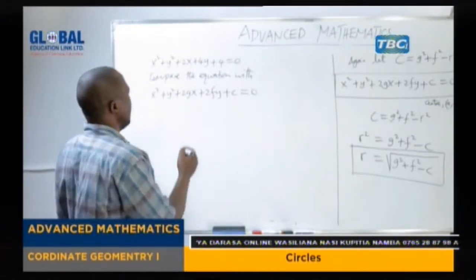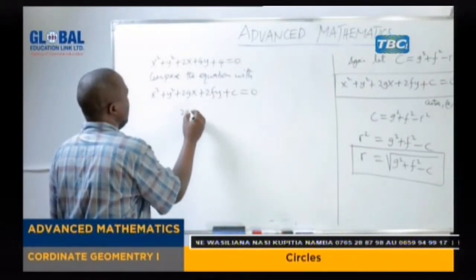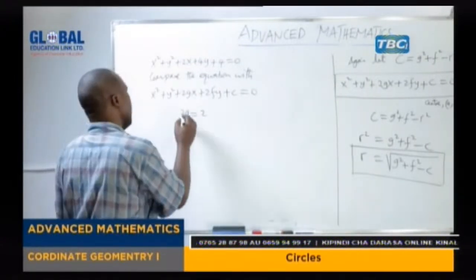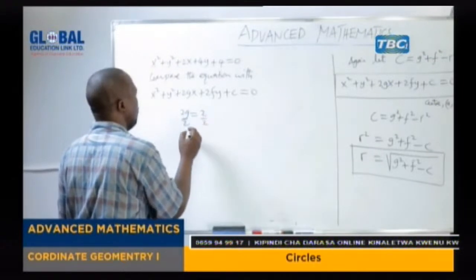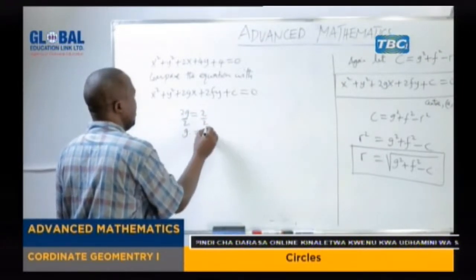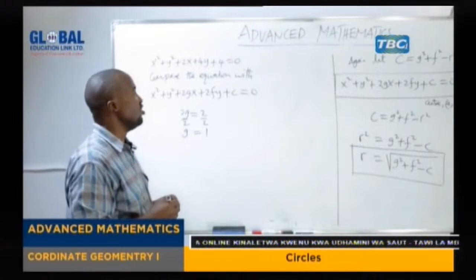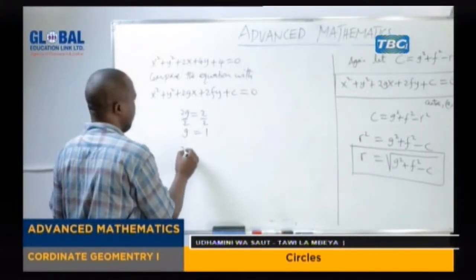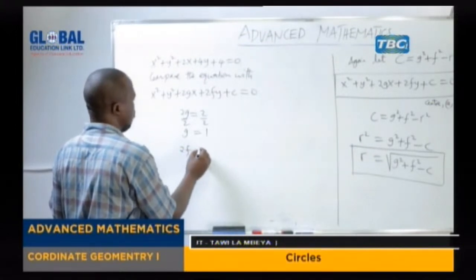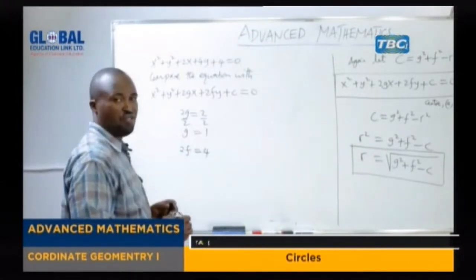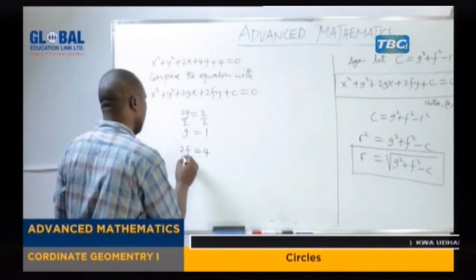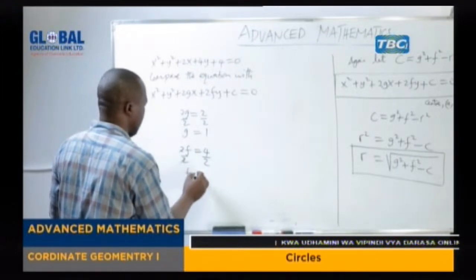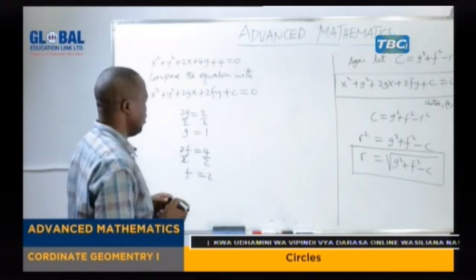In this case, 2g will be equal to 2. Therefore, dividing by 2, we have g is equal to 1. We do the same for f, that is 2f is equal to 4. Here we divide by 2, then we have f is equal to 2.